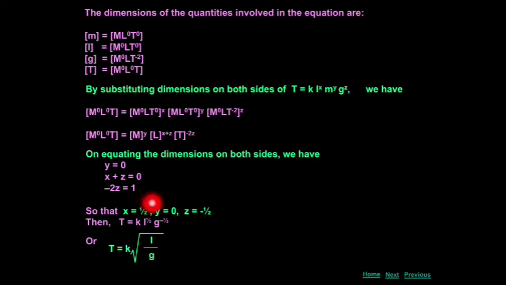We convert it to L by G whole power 1 by 2. Whole power 1 by 2 is what we write as square root. So T is equal to K into square root of L by G. Here the value of K, what is that? A dimensionless constant. It will be equal to 2 pi. Okay, T is equal to 2 pi into square root of L by G.